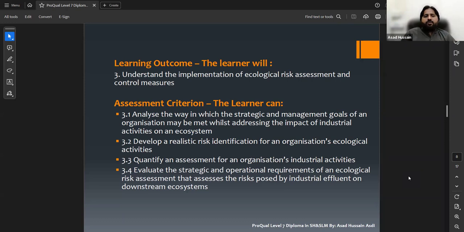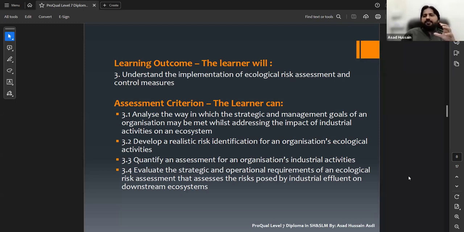Now in 3.3, quantify an assessment for an organization's industrial activities. So basically, here you know very well that safety is basically a qualitative thing. Okay, but in some cases, as you have also studied, it can be semi-quantitative, or in some cases quantitative.